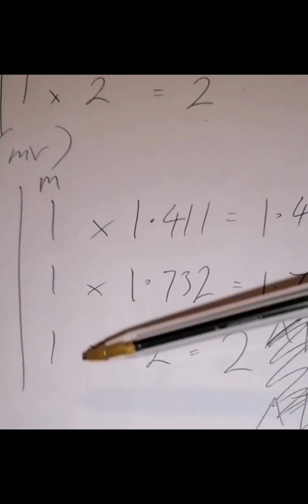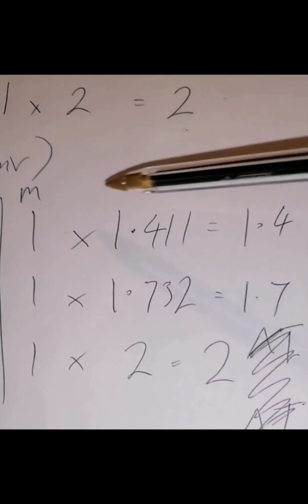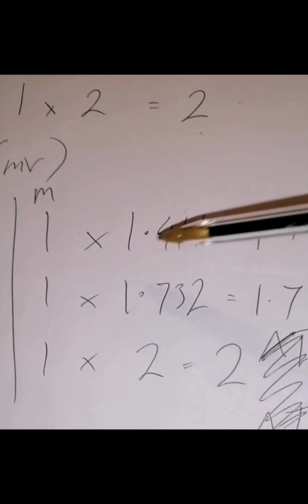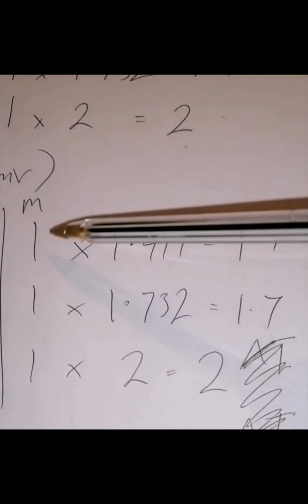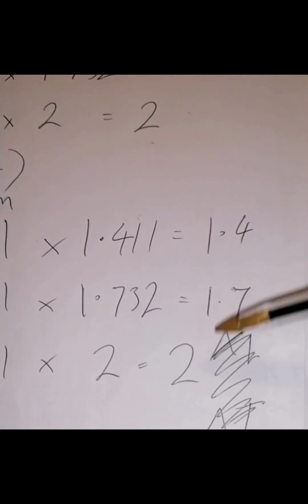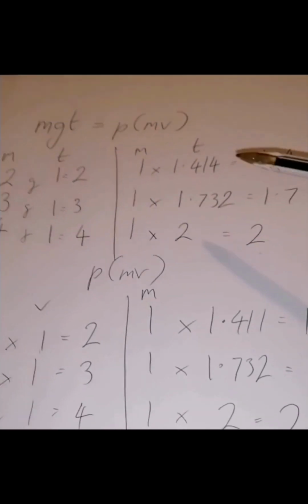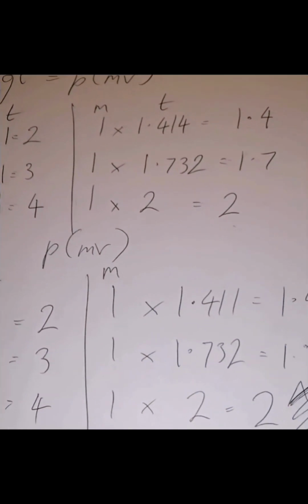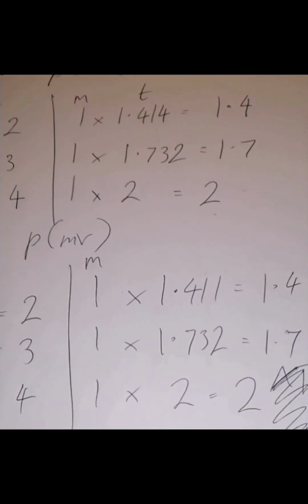In the case of the 1 mass, it's going 1.414 times the velocity, 1.732 times, and 2 times. So again, we get 1.4, 1.7 and 2, which is the same as what we got up here. So mgt is equal to P or mv. Either way, gets the wrong answer.